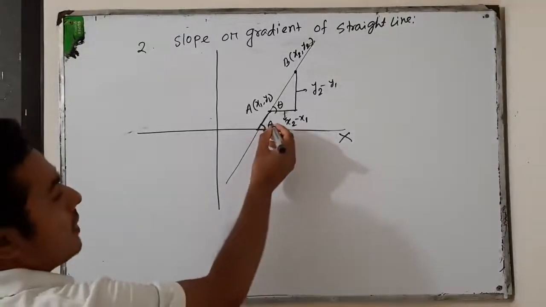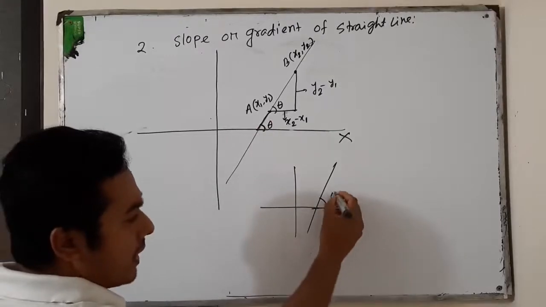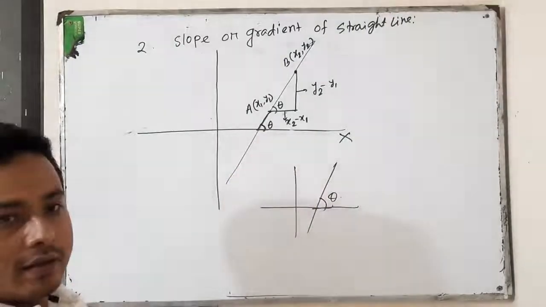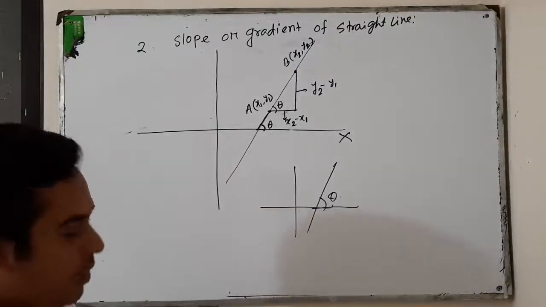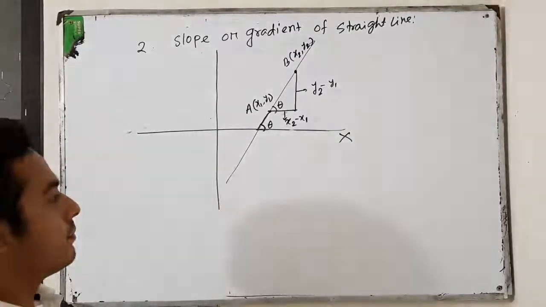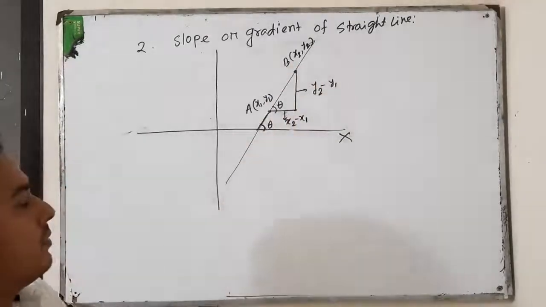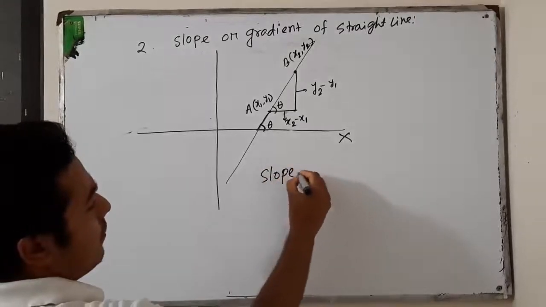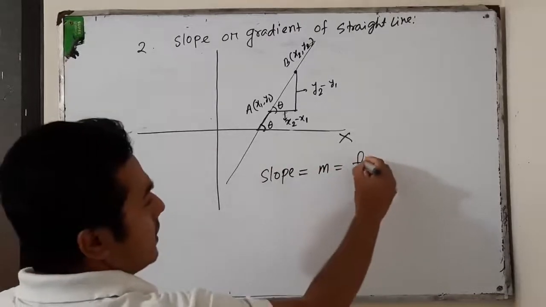At first, if this angle is theta, for this example this angle is not equal. So by the measurement of theta, we can easily say what the slope of this straight line is. Okay, so how can you find the value of theta? If the points are x1, y1 and x2, y2, then slope n is equal to tan theta.